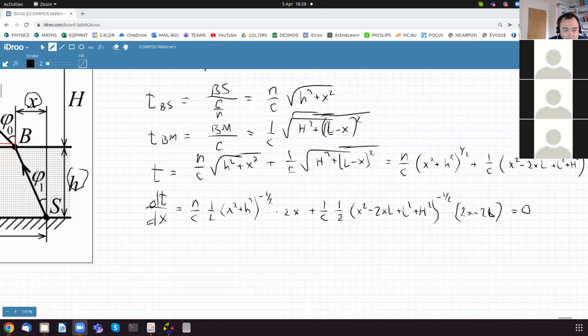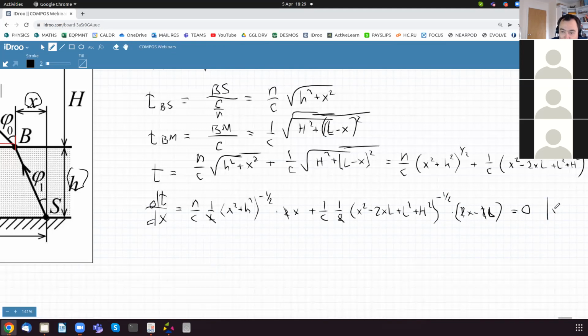Okay, so let's get rid of stuff that we don't need. We don't need to multiply by 2 because we already have the 2 here. So this 2 cancels with this 2, and this 2 cancels with those 2's. We do multiply by c to get rid of the c.